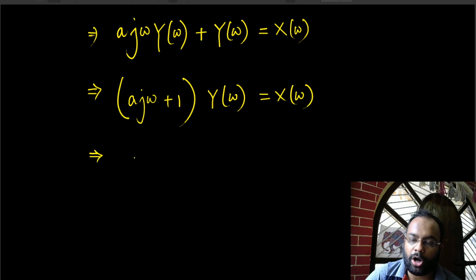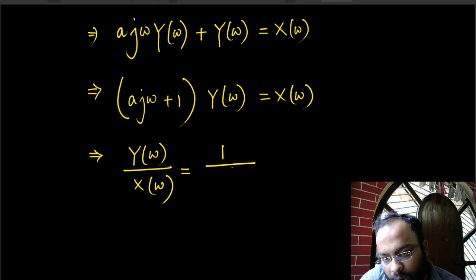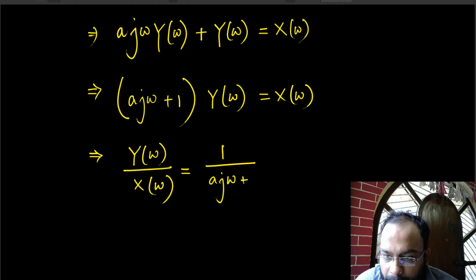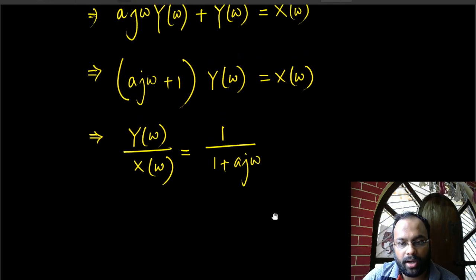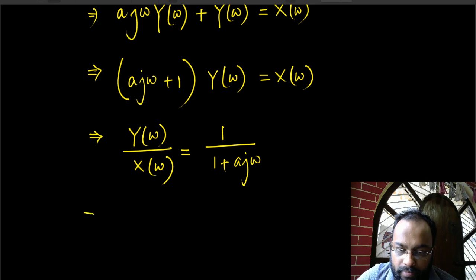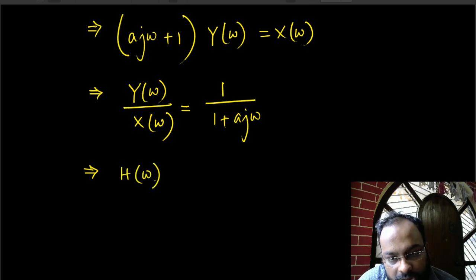So what is the ratio of the Fourier transform of the output to that of the input? That's going to be 1 by 1 plus A j omega. But from the definition of this, we know that this is nothing but the Fourier transform of the impulse response.